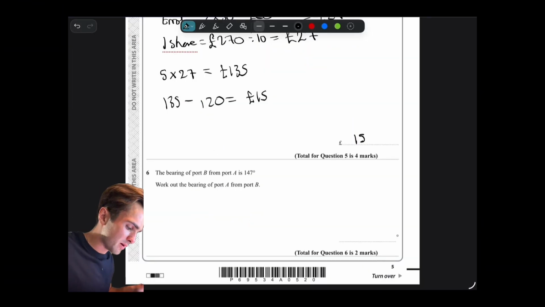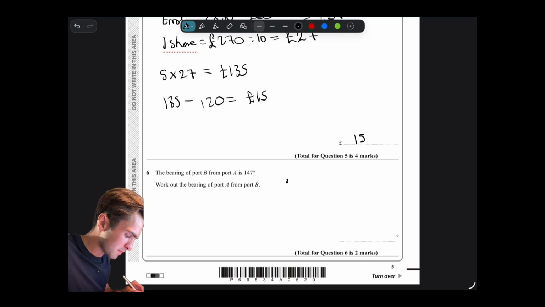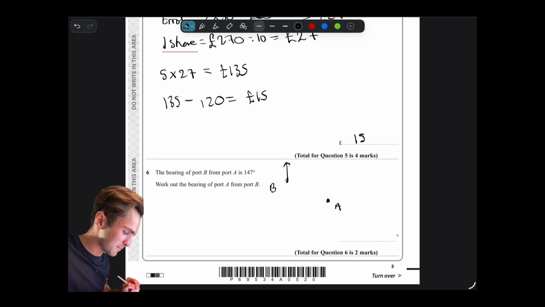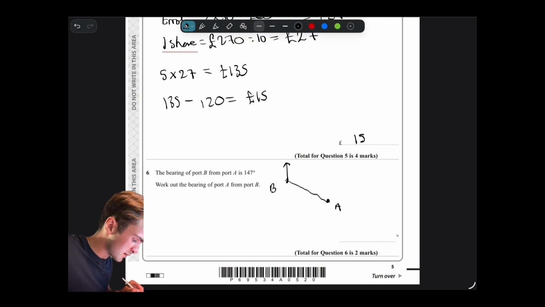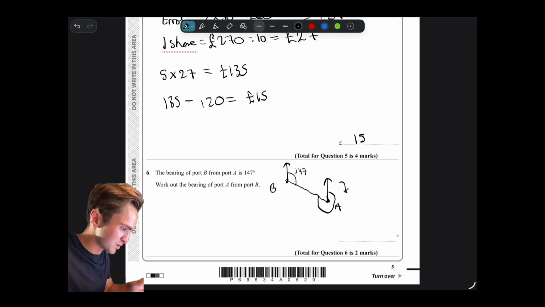The bearing of port B from port A is 147. Work out the bearing of port A from port B. So if port B from port A is 147 degrees, it's obtuse, right? So if this is B and this is A, we always measure bearings from north clockwise, right? So this angle is 147. So B from A is 147. And A from B, measuring this way, is this angle shaded in blue.